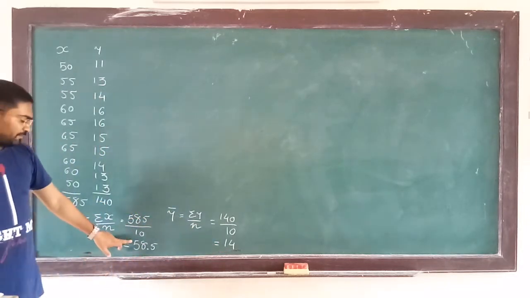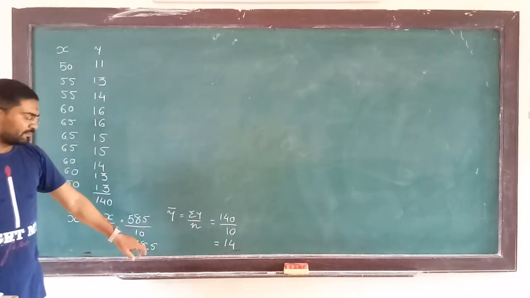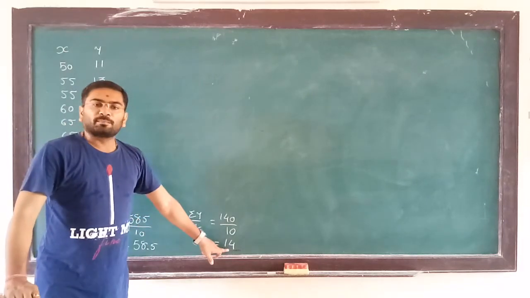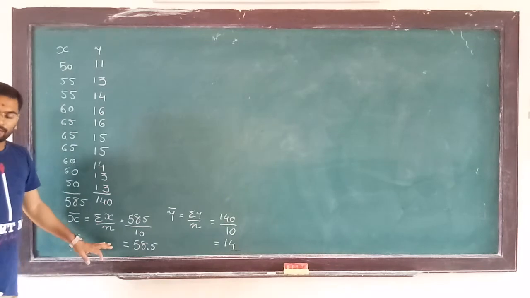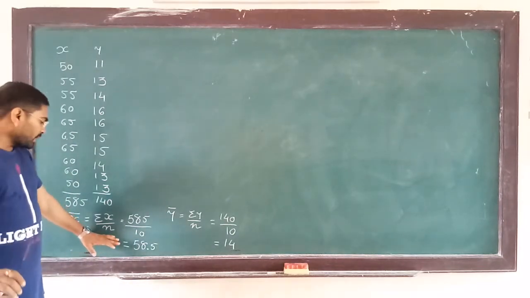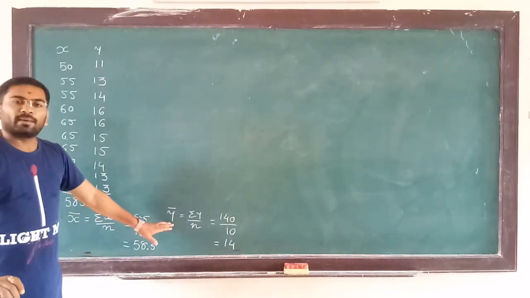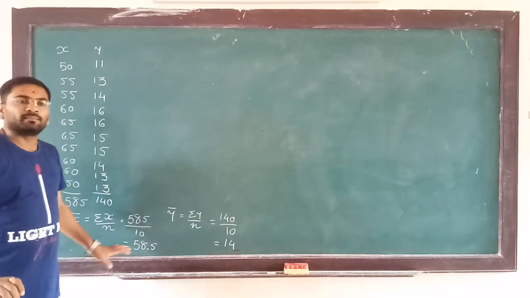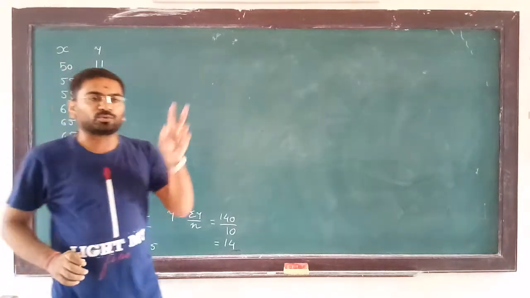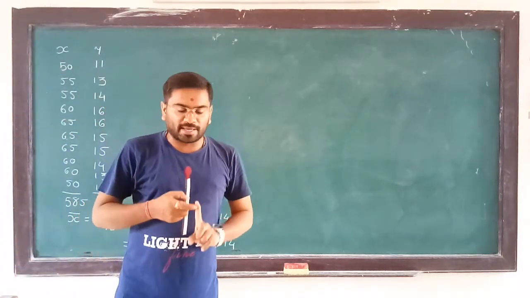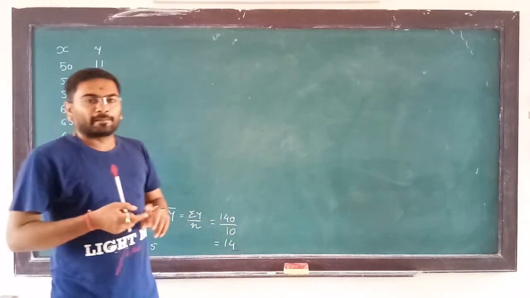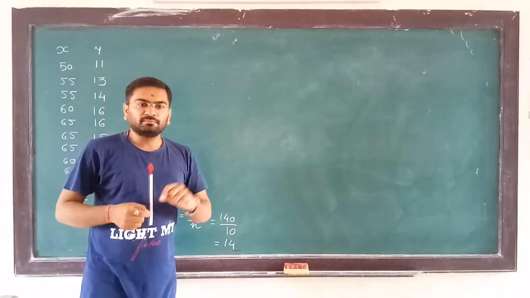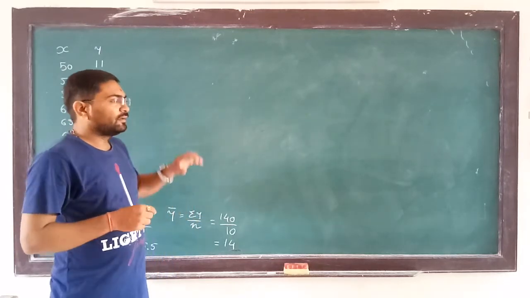Now the thing to check is the digits of x bar and y bar. Here 58.5 is an incomplete number and y bar is a complete number. As we said in the last lecture, whenever the mean of x or y is an incomplete number, we can go through two methods. One is the xy method and the second is the shortcut UV method. Here one clue is given.